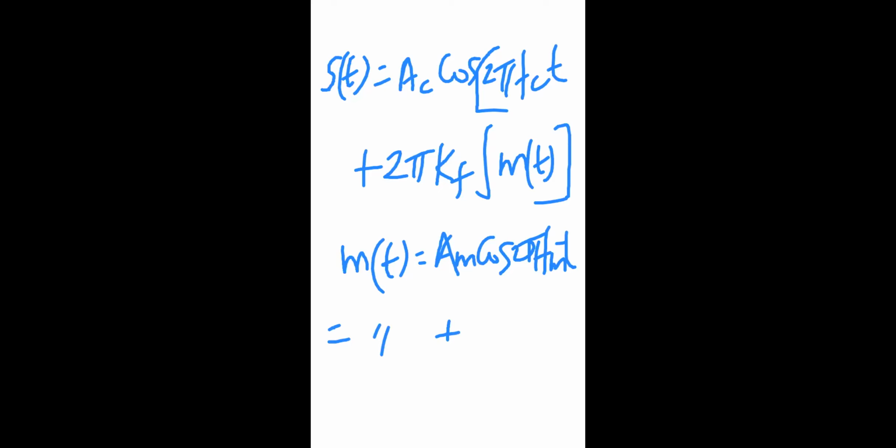After plus, 2 pi kf am divided by 2 pi fm will come, then your cos will become sine, and again 2 pi fmt will be there. Please observe this one. 2 pi kf am will come, and in the denominator 2 pi fm will come.